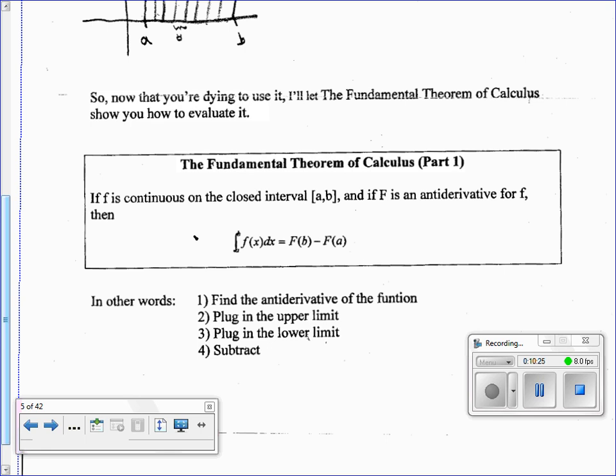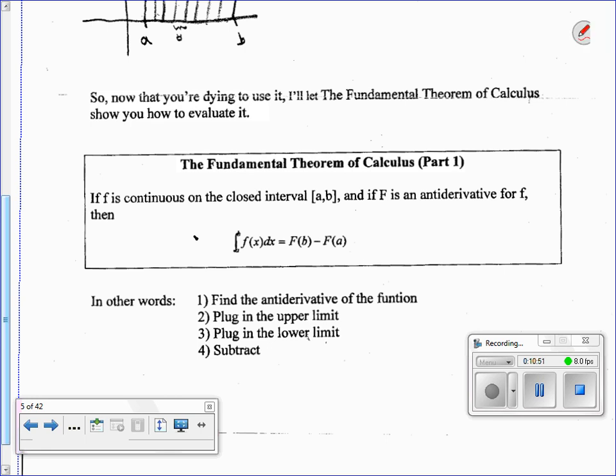So I've listed these steps here. But understand that as long as the function is above the x-axis, it's positive, it gives you the exact area under a curve from a to b. You ready to practice? All right, so this is what we do. When you want to evaluate, if you see an antiderivative, but you have these little numbers here, that's a definite integral.